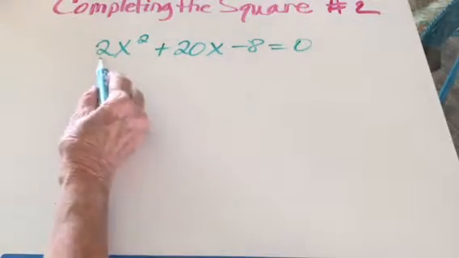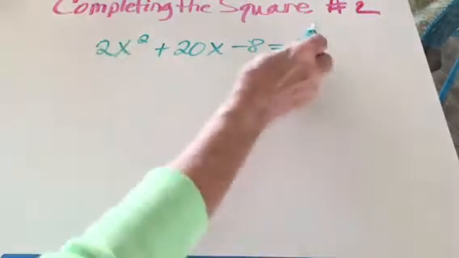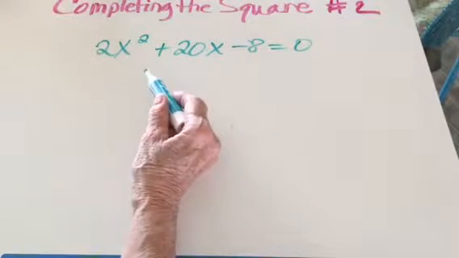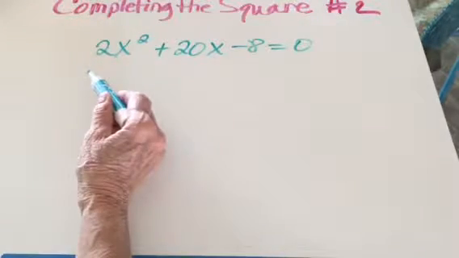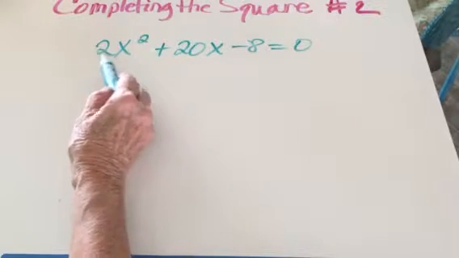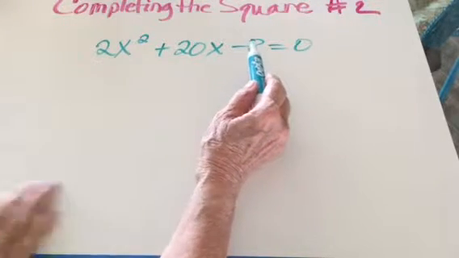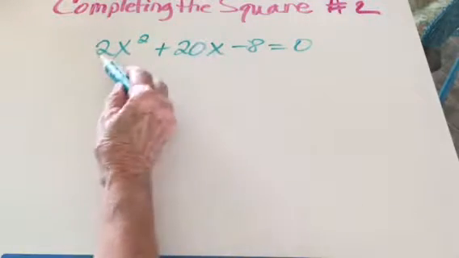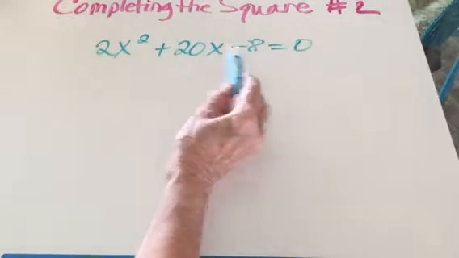All right, now before I solve this problem using completing the square, I could go ahead and do this by the quadratic formula right now. This is the A, this is the B, this is the C. But when I look at it, I know I can reduce this thing for one thing.